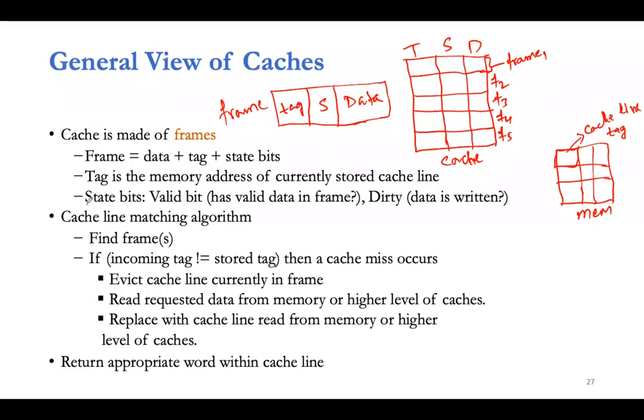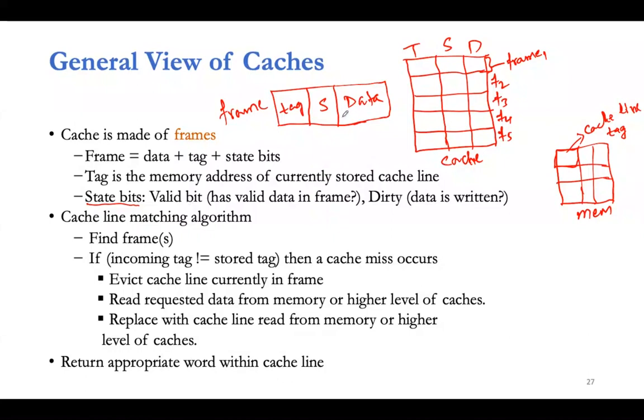The state bit defines the valid bit, that is, whether the current data in the frame is valid or not. That is decided by the valid bits or state bits.